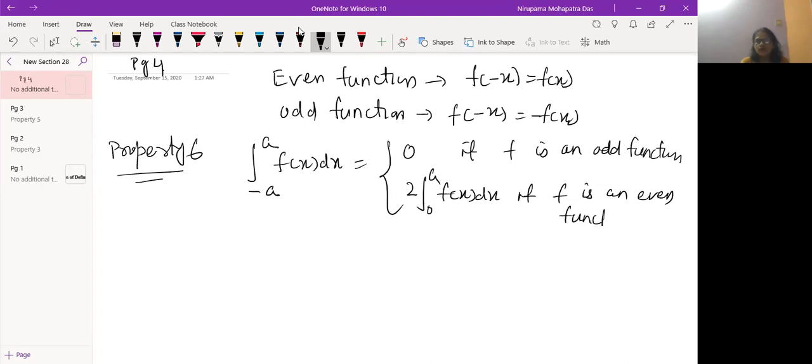So here the identification is how to recognize when to use this property. This is the only property where you see minus a to a.